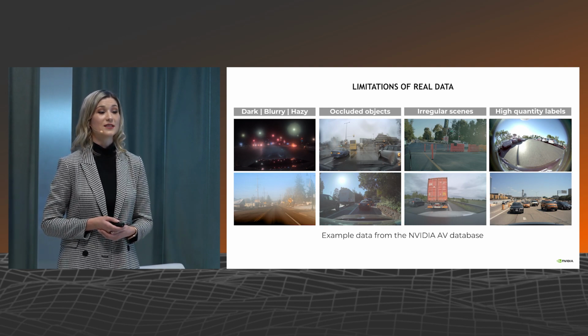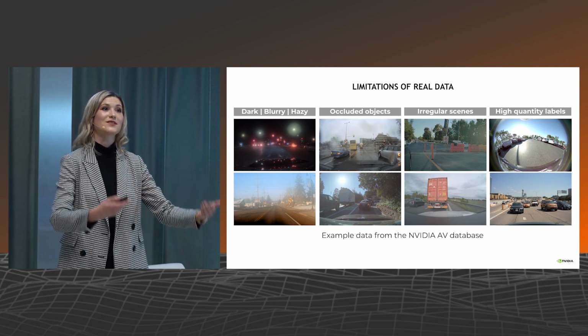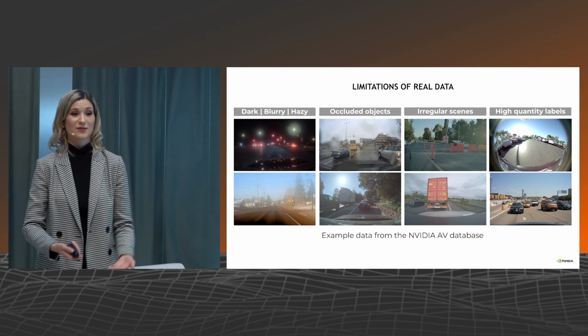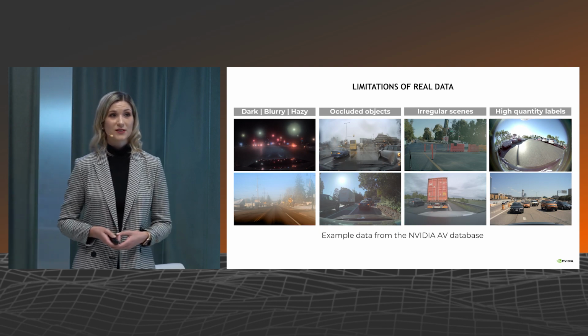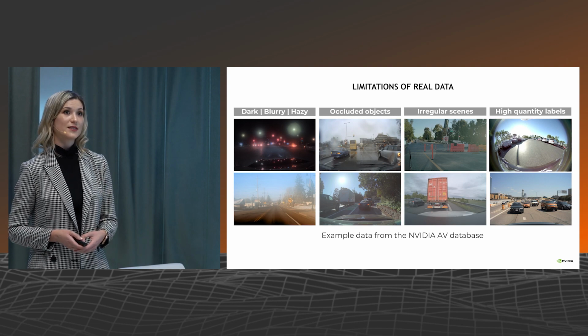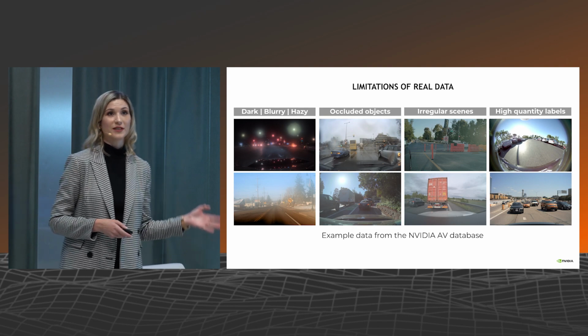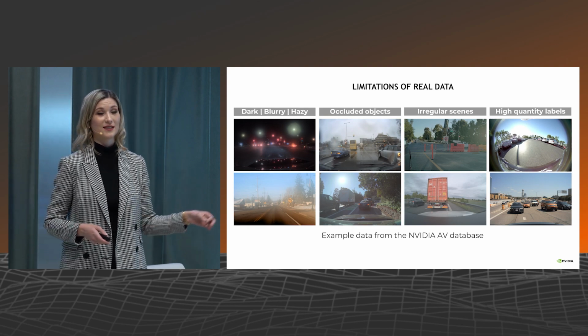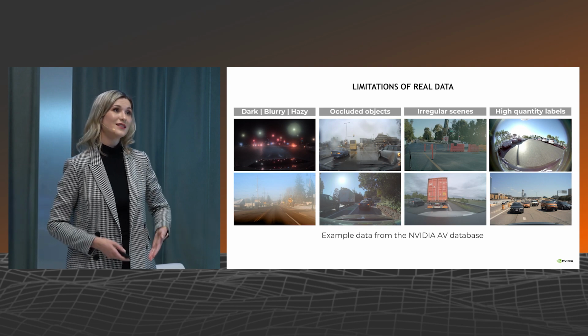The next limitation is that sometimes it's not only tedious, but also impossible to label this data. Think of an example of long-tail anomalies. So what do we understand by long-tail anomalies? Let me give you an example. You have an autonomous vehicle which is arriving at the traffic light, and the signal is green, so apparently our autonomous vehicle is allowed to drive.